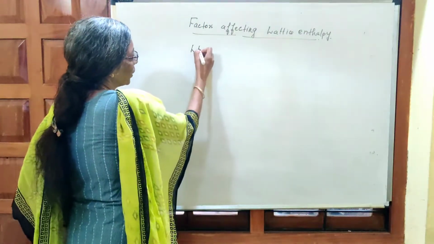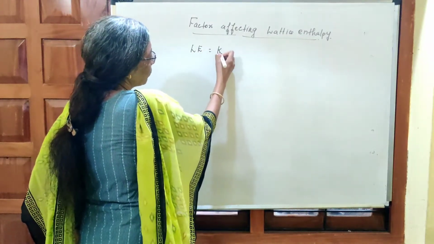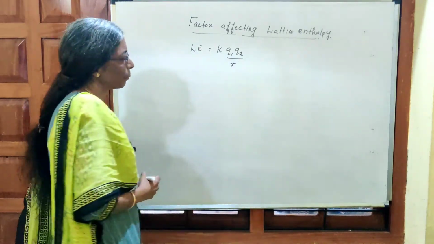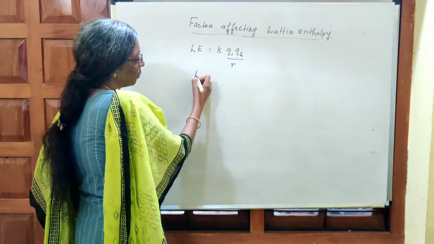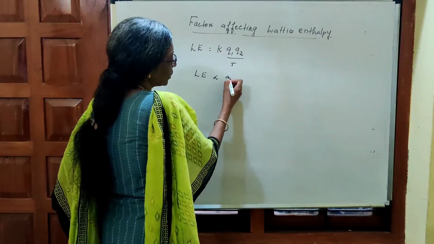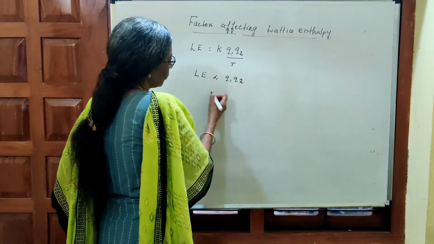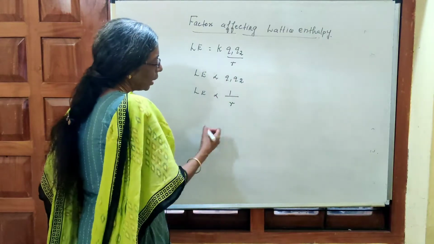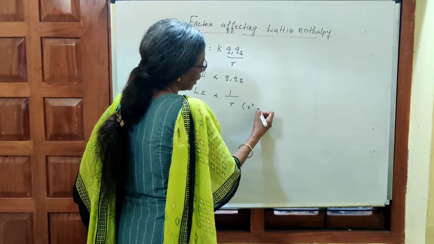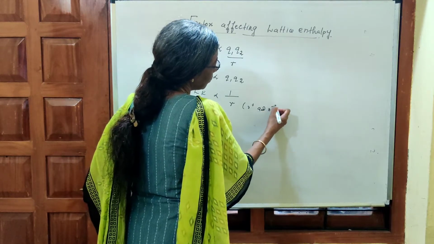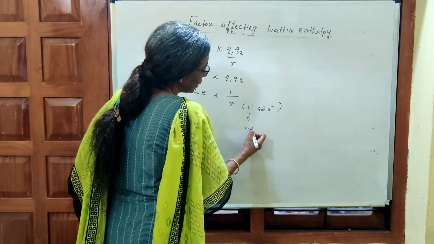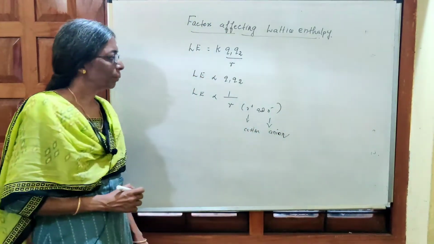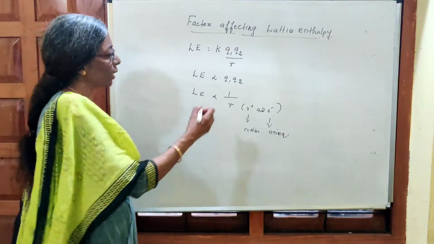So lattice enthalpy is K Q1 Q2 by R. That means lattice enthalpy is directly proportional to charges Q1 and Q2, and lattice energy is inversely proportional to R. R means R plus and R minus, this is for cation, this is for anion. Okay, so lattice energy is equal to K, K is constant.